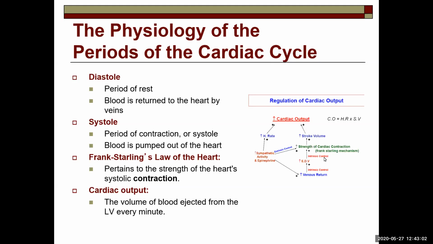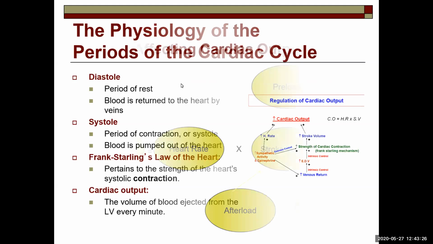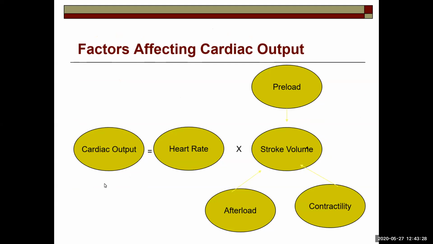So we have intrinsic control, we have the extrinsic control. The extrinsic control is controlled by the vagus nerve in general, and that would be your sympathetic activity, where the intrinsic control is caused by the SA node, AV node, bundle of His, and the electrical conductivity pathway that we have within the heart. So understanding this, you will be understanding the rest of the mechanism. So these are just the different terms that you need to know.